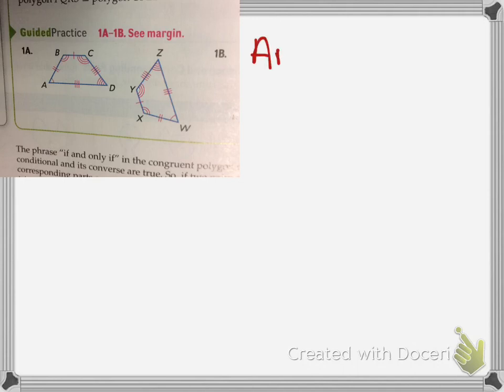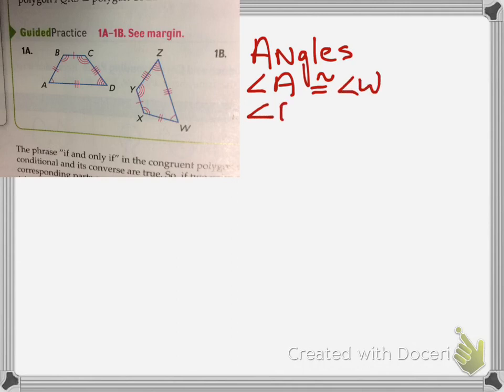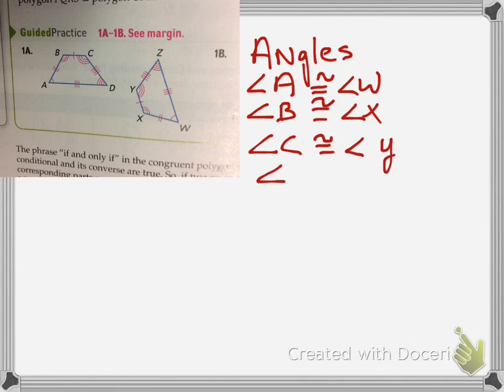Angle A is congruent to angle W. Angle B is congruent to angle X. And you notice here that they have double curves, so that tells me which ones correspond to who. So pay attention to stuff like that. Angle C is congruent to angle Y. Angle D is congruent to angle Z.